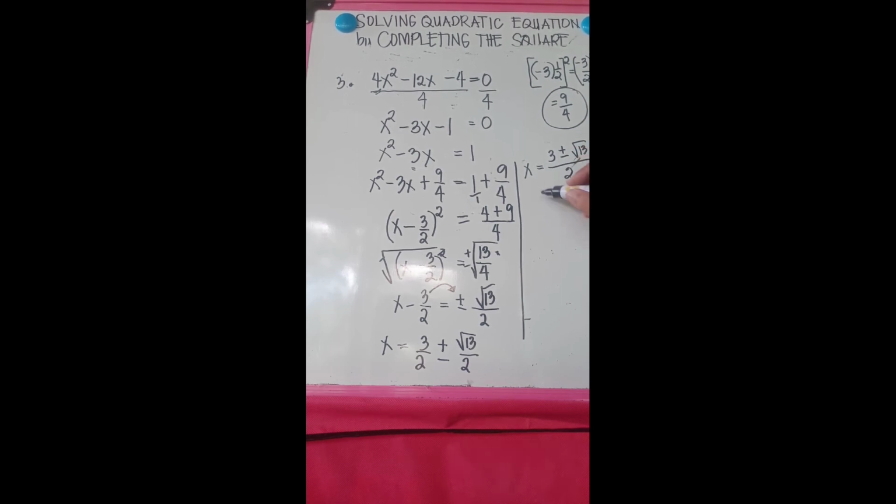And kung kunin natin positive, so x positive is equal to 3 plus square root of 13 over 2. And the second one is 3 minus square root of 13 over 2. Okay, so these are now the solutions of the given equation.